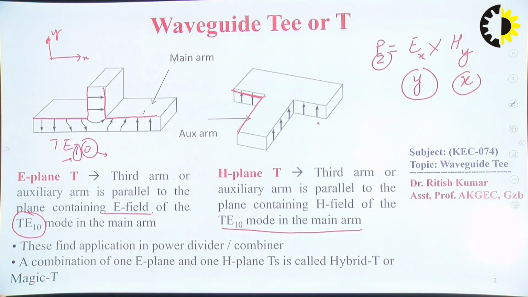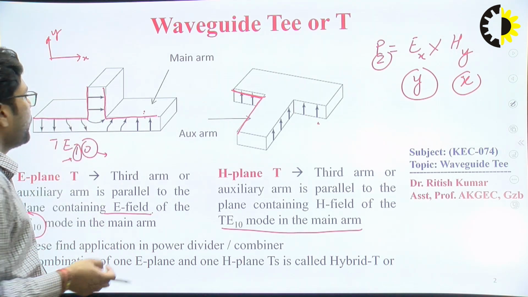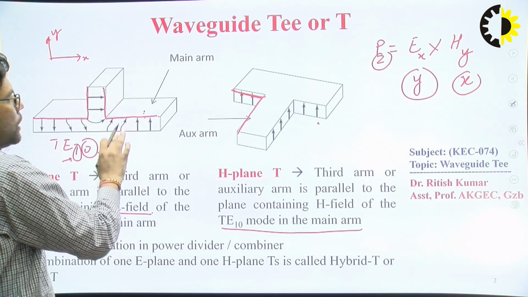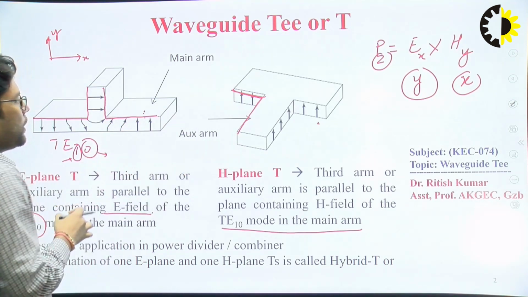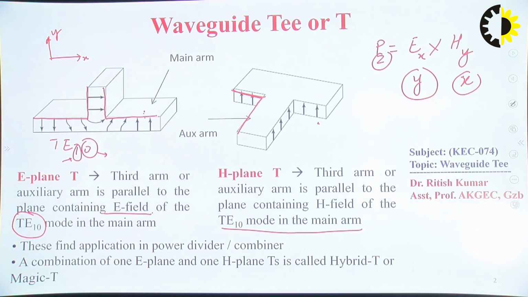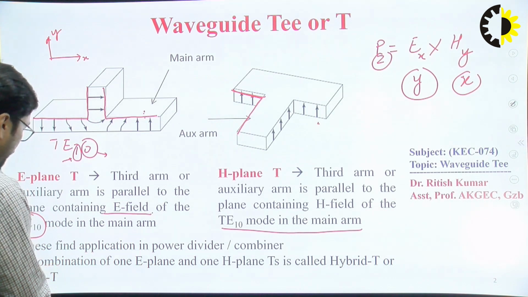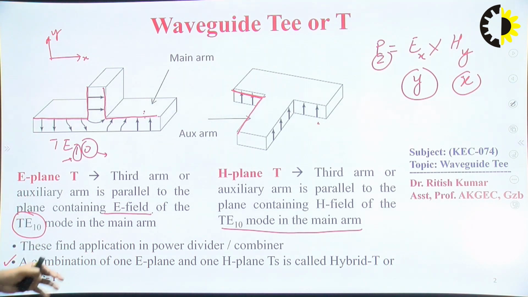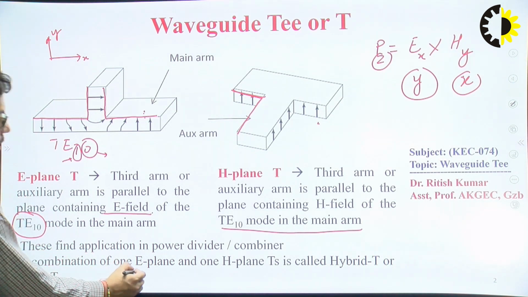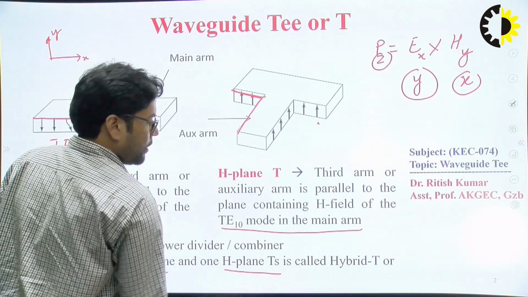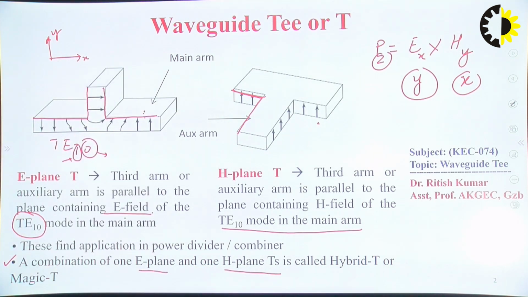While, as you can see, if I combine these two, E plane T and H plane T, simultaneously in a single device, that device is known as magic T, right. Here we have written that a combination of E plane T and H plane T is called a hybrid T.